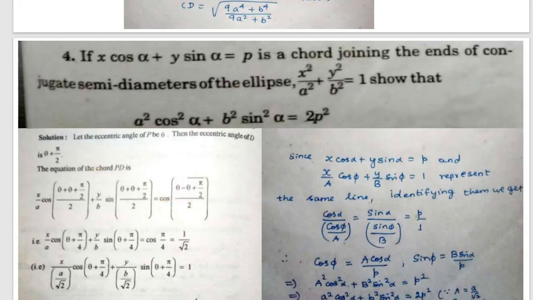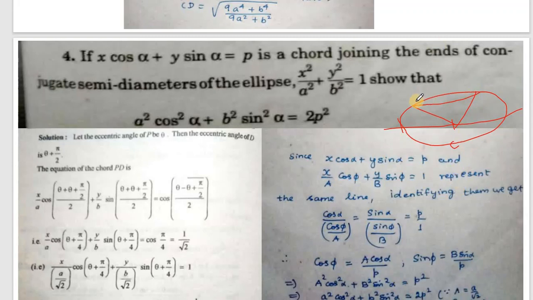So you have an ellipse and you have the center, say C. And x cos alpha plus y sin alpha equal to p is a chord joining the ends of conjugate semi-diameters.